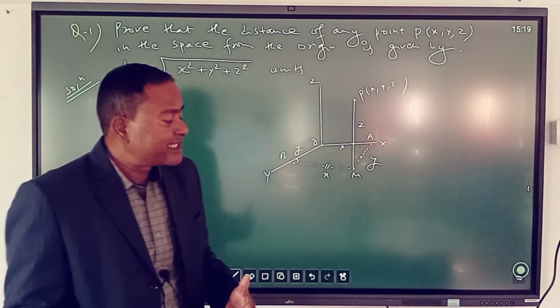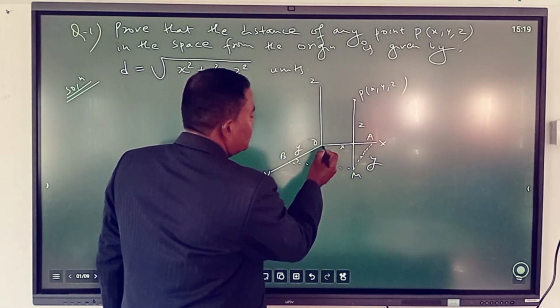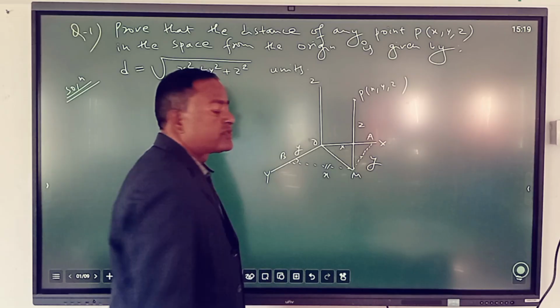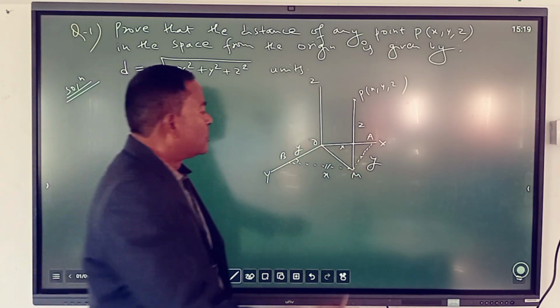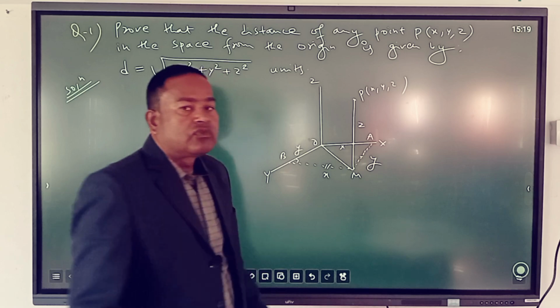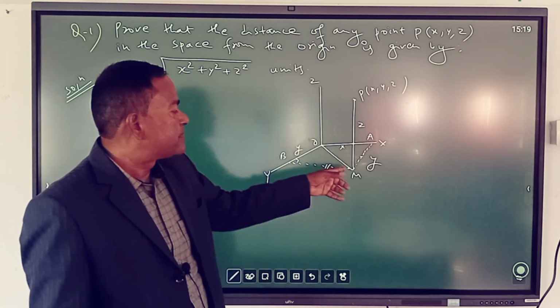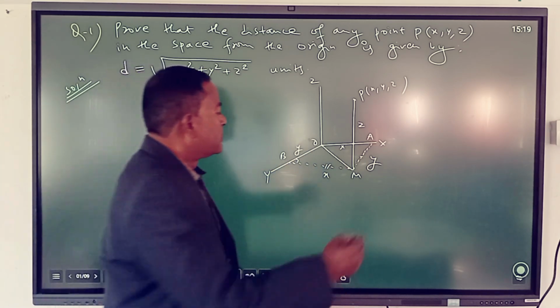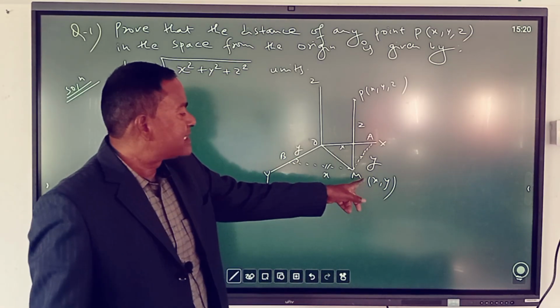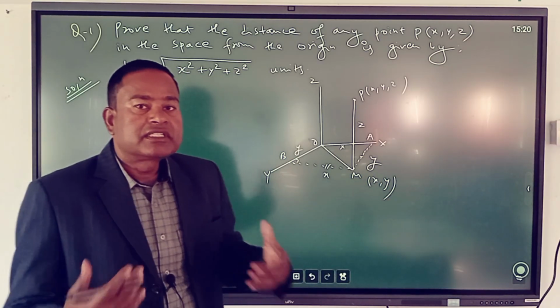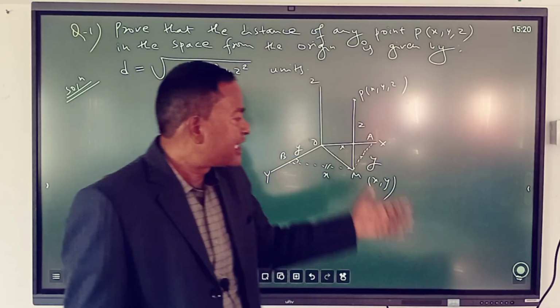The next construction is to join O to M. If we join O to M, then we can find the length of OM, the distance between O and M. The coordinates of the point M we can take as (x, y) because the z coordinate is 0 in the xy plane.